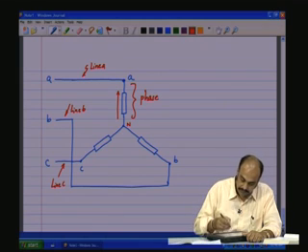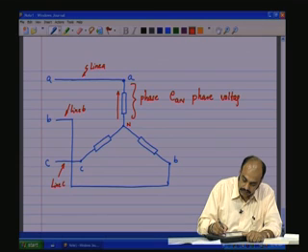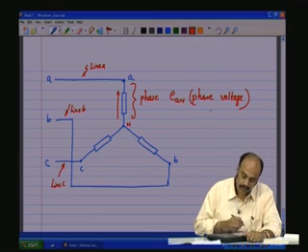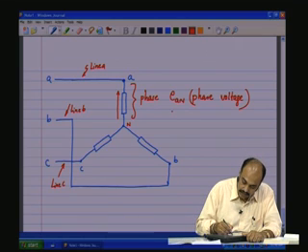The phase circuit and the voltage across A and N is called the phase voltage. Likewise, the voltage across B and N is called the phase voltage EBN, and the voltage between C and N is called the phase voltage ECN. These are all phase voltages.